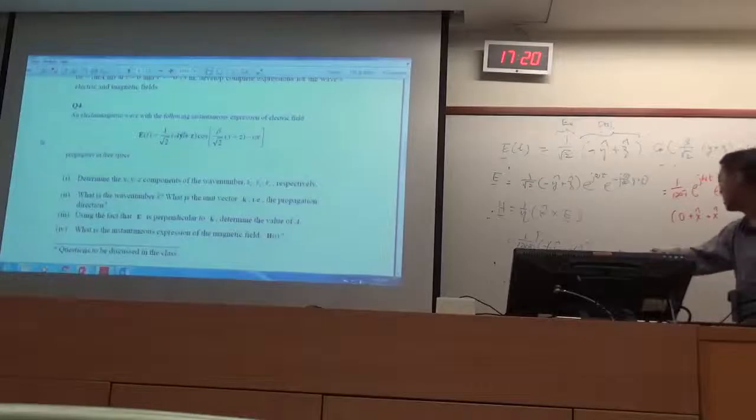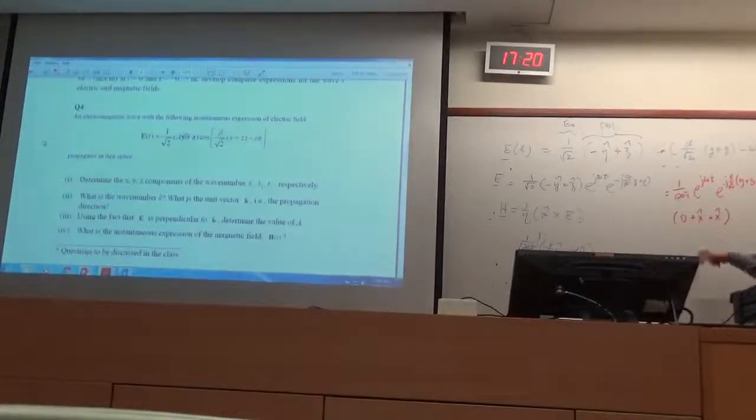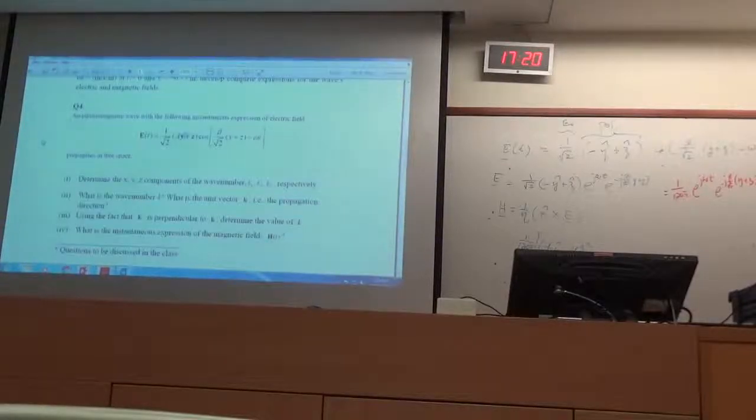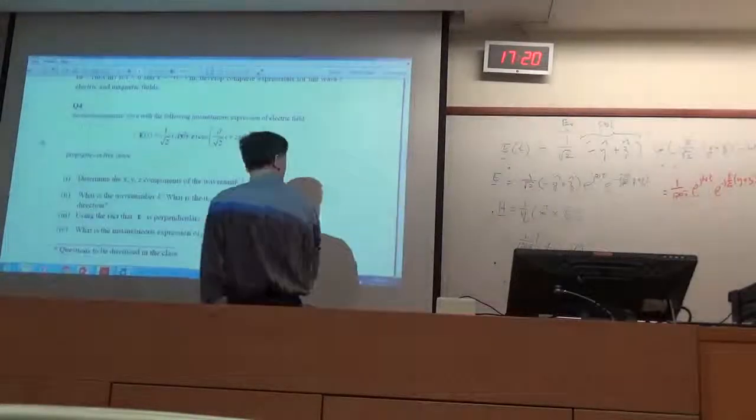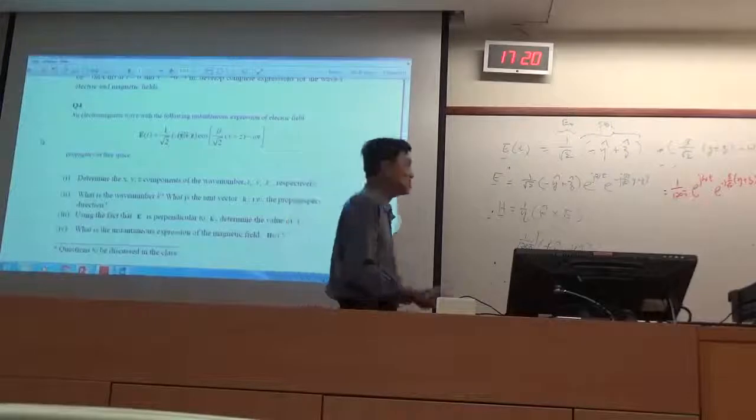Alright, then z cross this one is okay. So this one becomes 2x. 2 and 2 cancel. There you go. This is your phasor form of H.